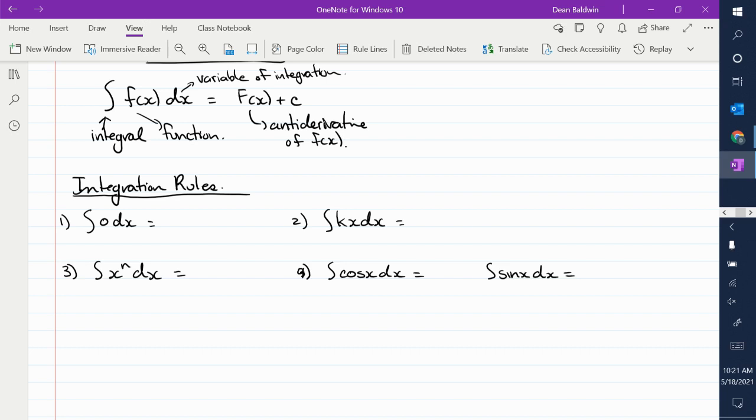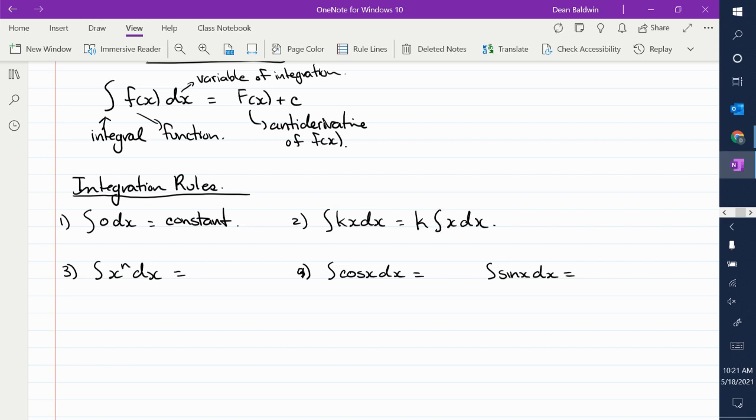What is the antiderivative of 0 with respect to x? It's just a constant, right? Because the derivative of any constant is 0. So this would just be a constant. If k is some constant, then just like in derivatives, you can pull it outside of the integration sign. So I can rewrite this as k integral x dx.